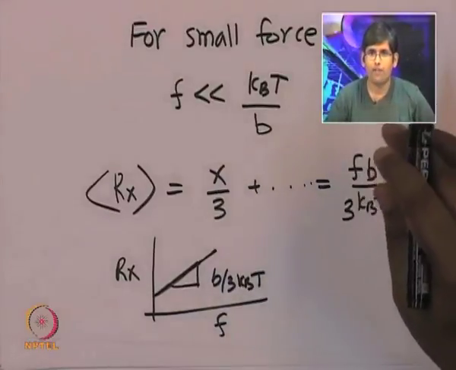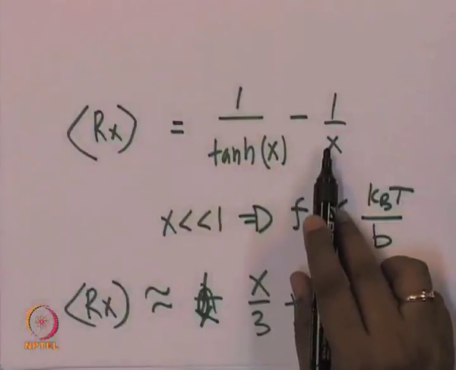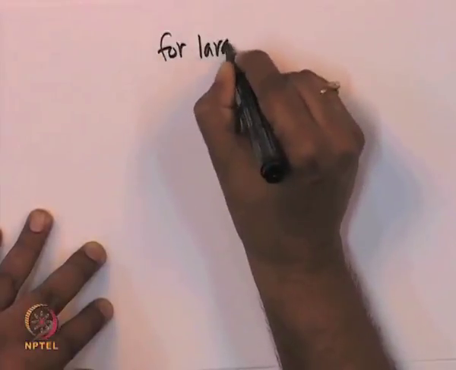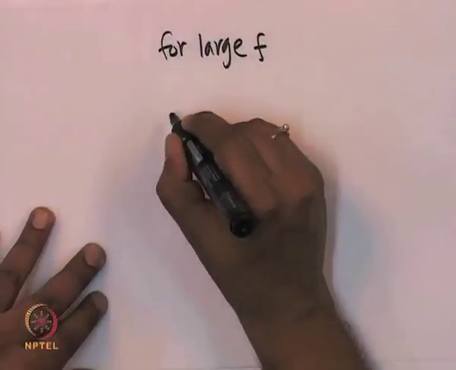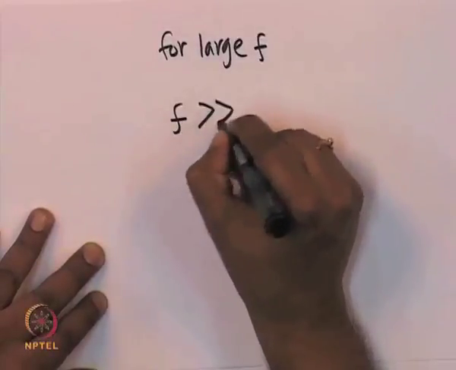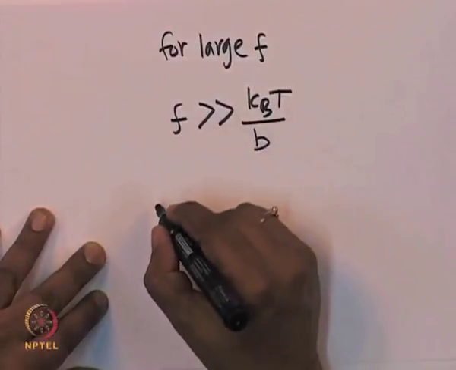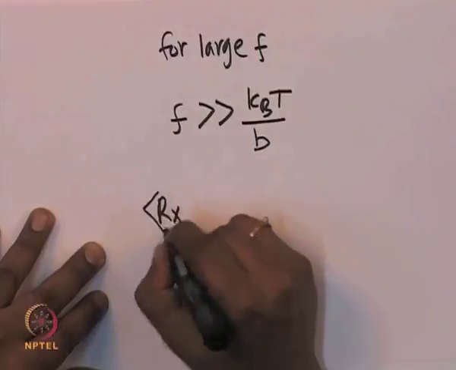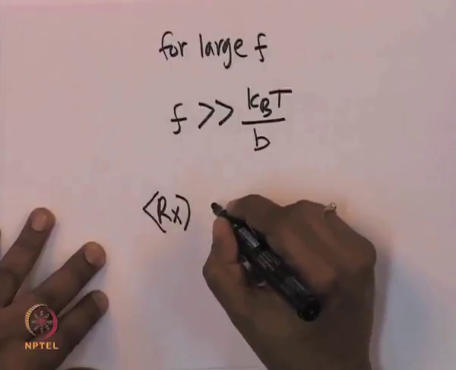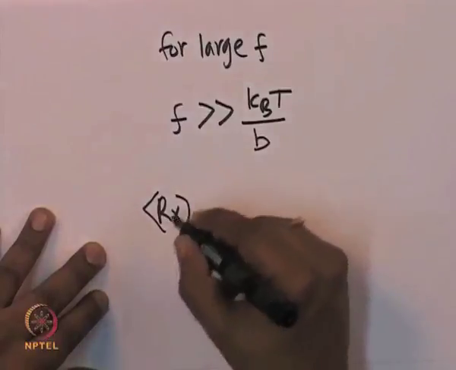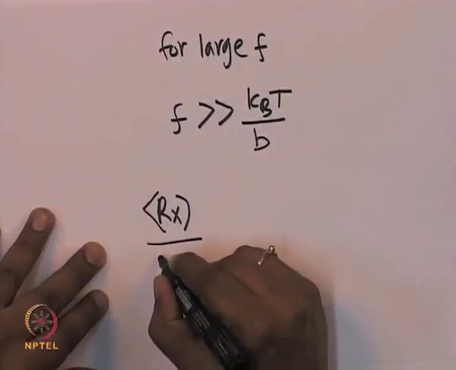Now, what do we have for large force? We have this expression, which is tanh x minus 1 by x, and for large f, that is f much larger than k_B T by b, it turns out that this end to end distance will scale with some factors.